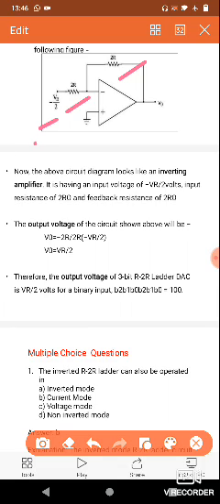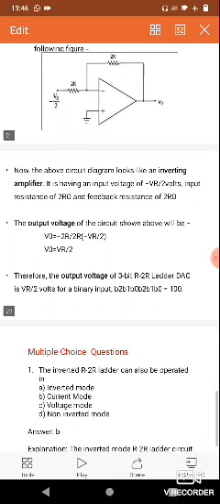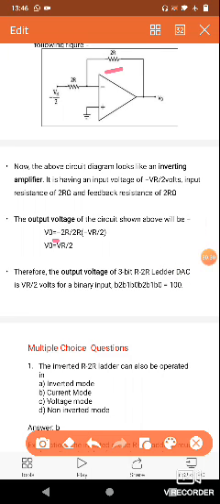Vi is minus VR by 2. In place of Rf we have 2R, and the R1 value is the 2R input resistance, with Vi equal to minus VR by 2.